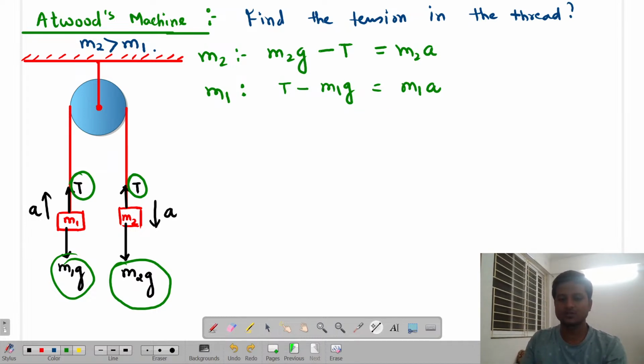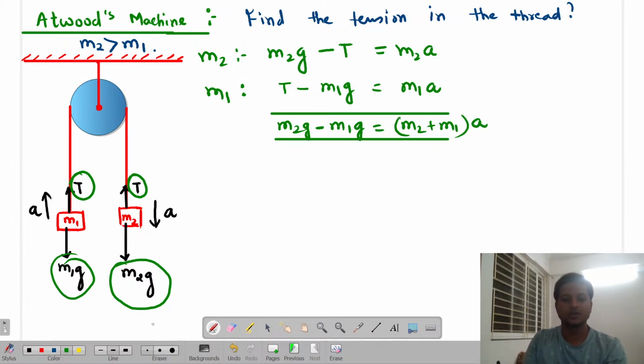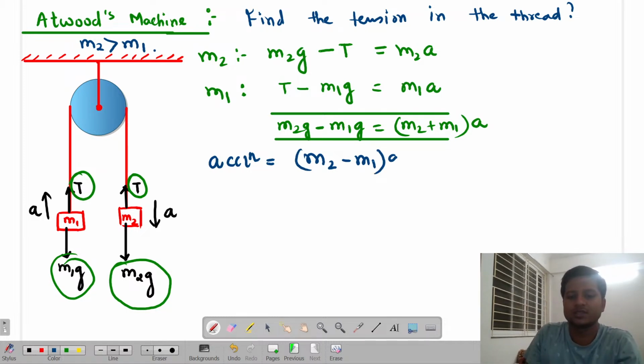So the tension will get cancelled, and I'll get M2g minus M1g is equal to (M2 plus M1) into acceleration a, and we get the acceleration of these blocks: a equals (M2 minus M1) into gravity g divided by (M1 plus M2).